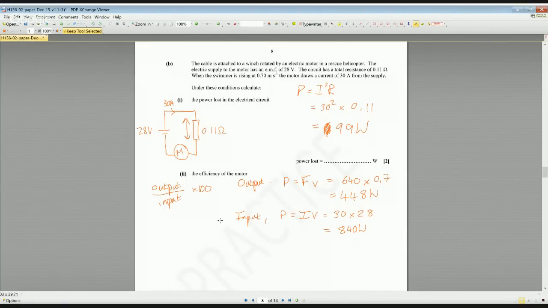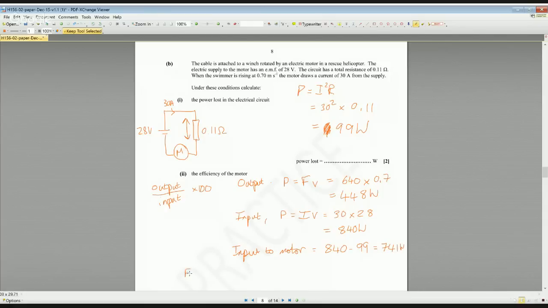So the real input to the motor is going to be 840 minus 99, which is 741 watts.